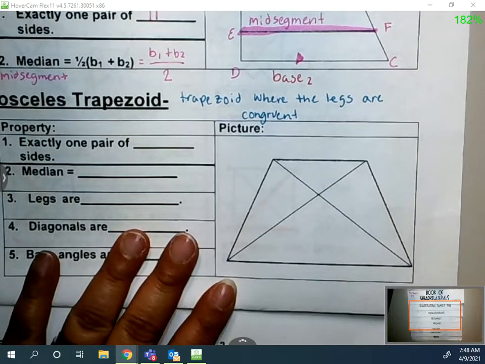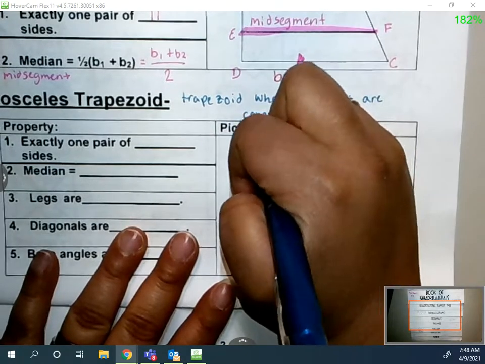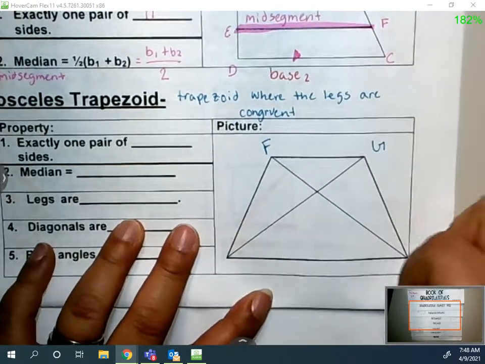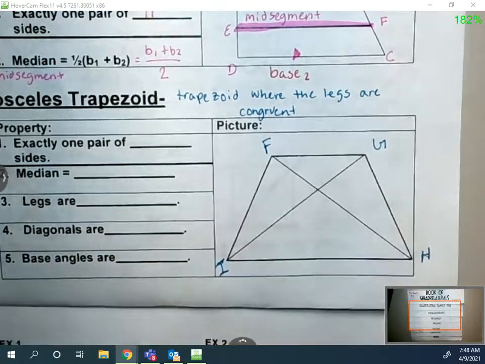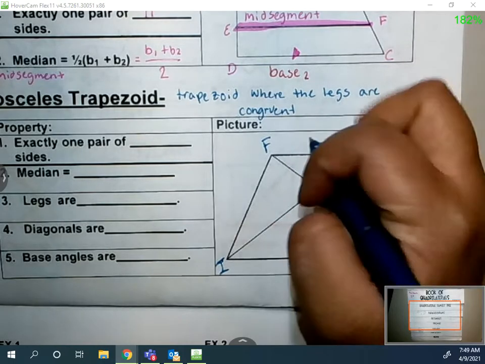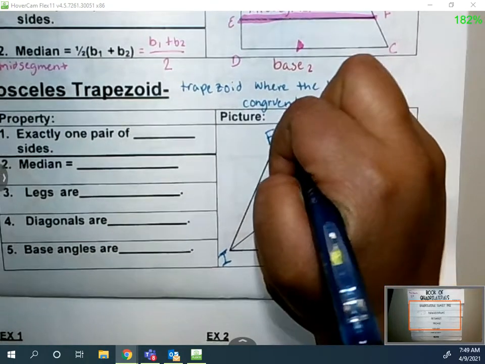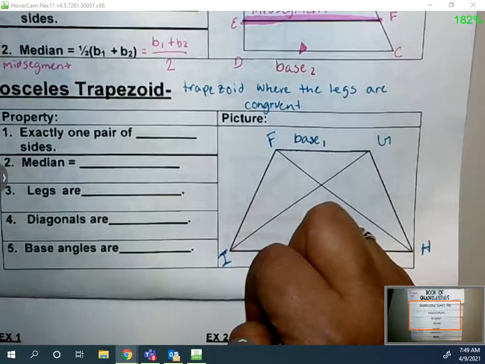We're going to call this F, G, H, I. What would be the bases in this picture? FG would be a base, and then IH would be a base.